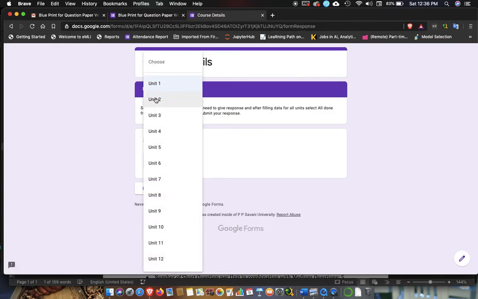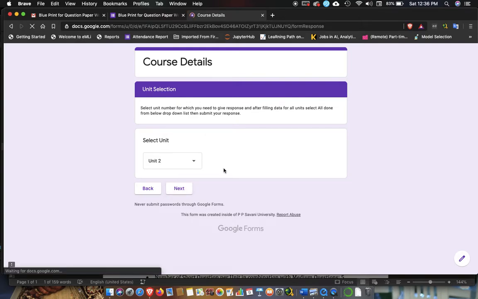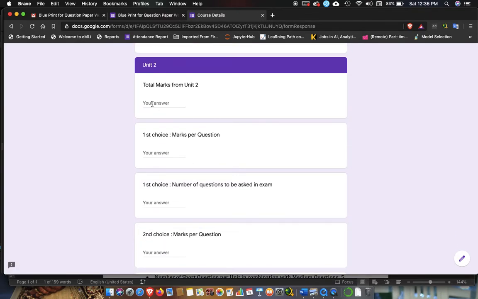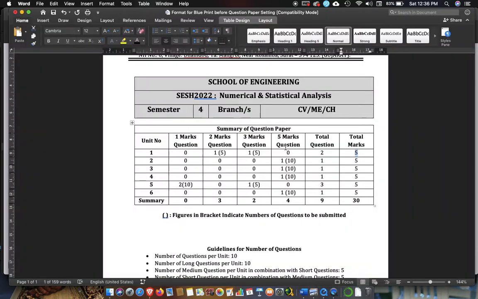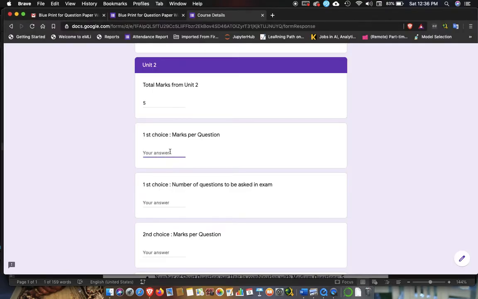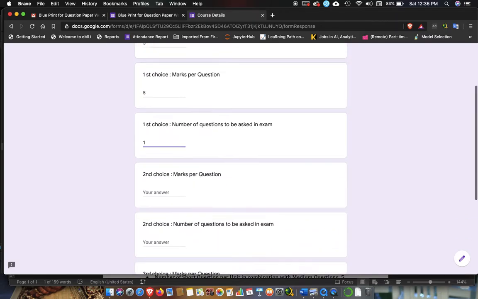Now for the next unit, unit 2. Total marks from unit 2 is 5, as you can see. For unit 2 I have made one choice: I am going to ask only one question for 5 marks. So first choice marks per question is 5, and number of questions to be asked in the exam is 1.